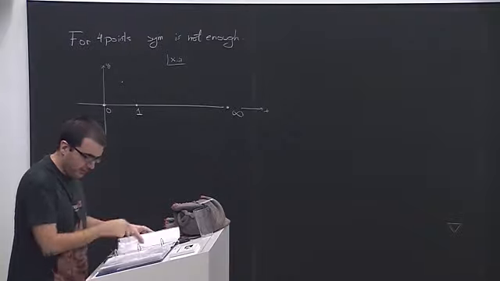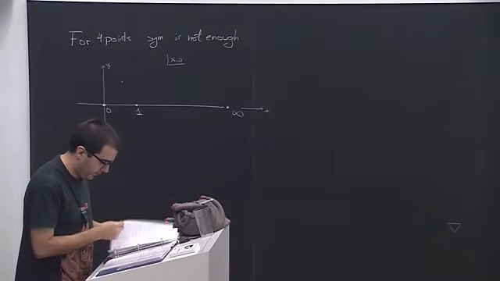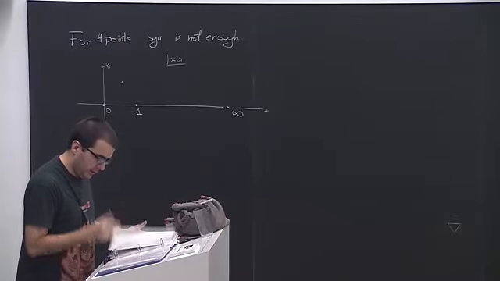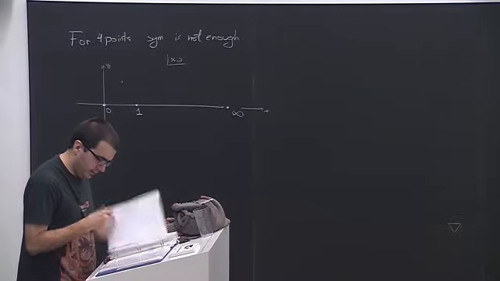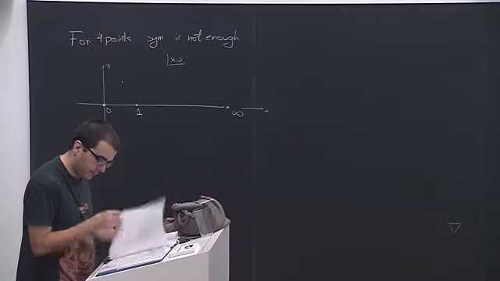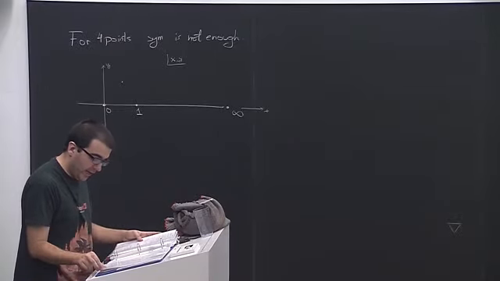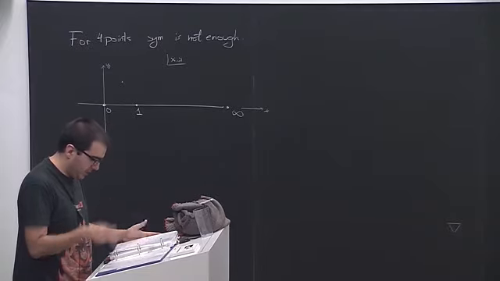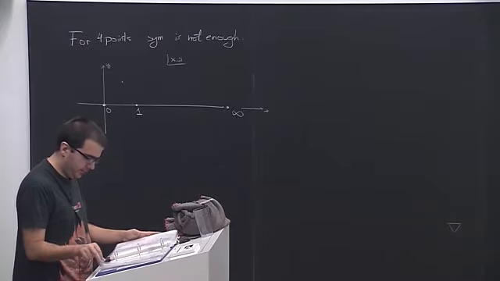I always forget which one is more convenient to use. I think it's x2, but let me see 1 second. So we cannot choose them wherever we want, so there is dependence on the position of this 4th point.